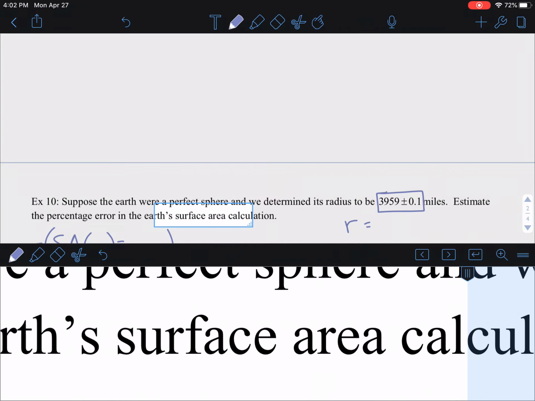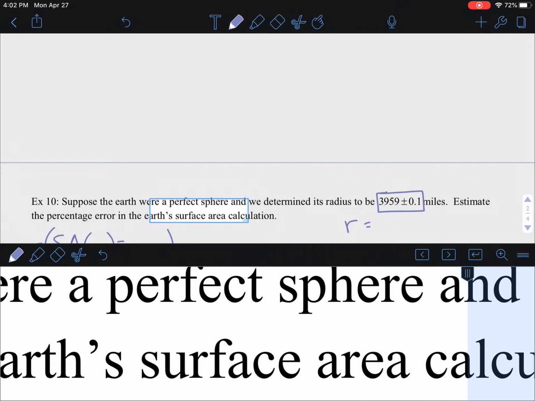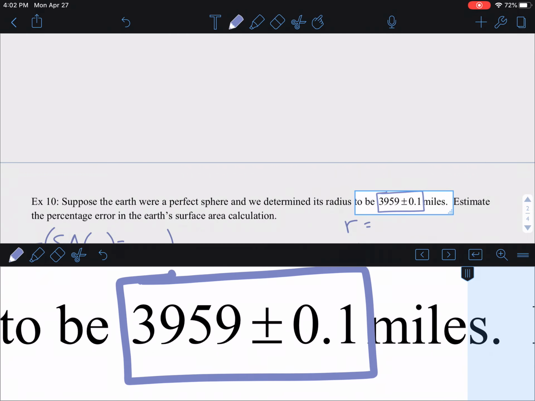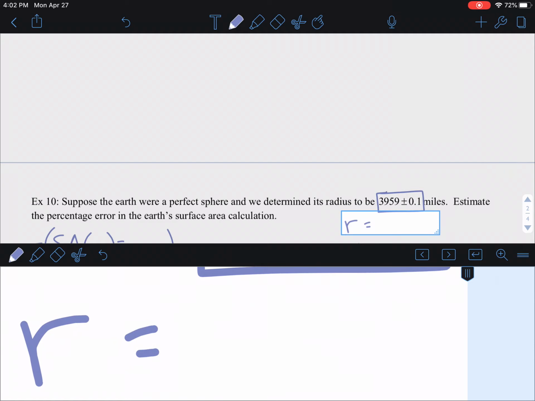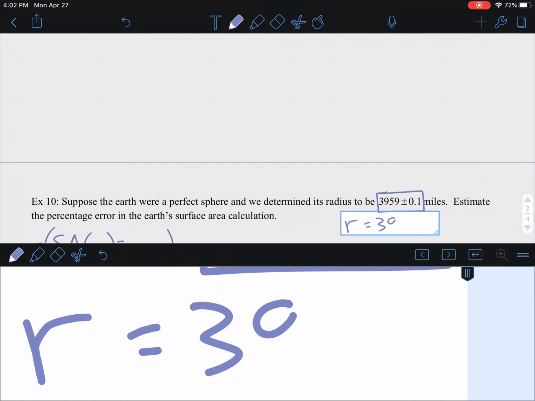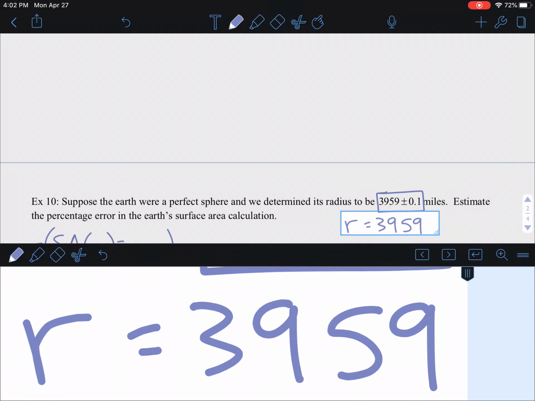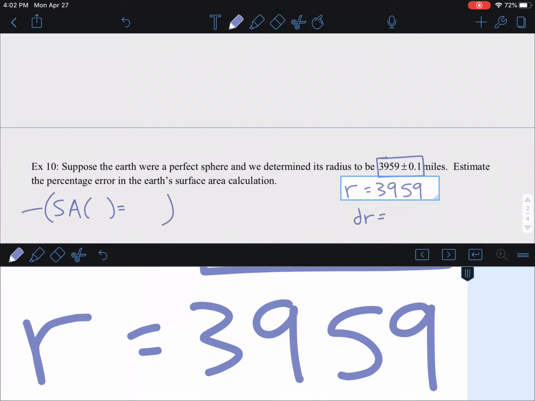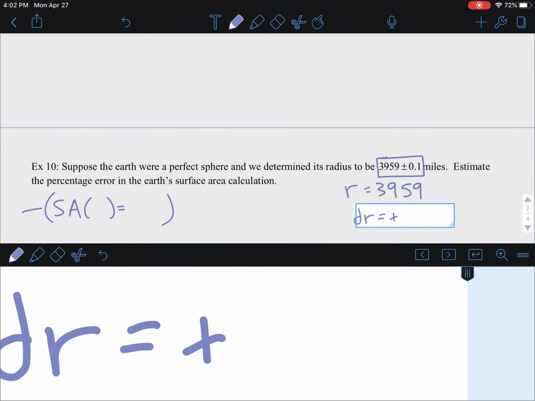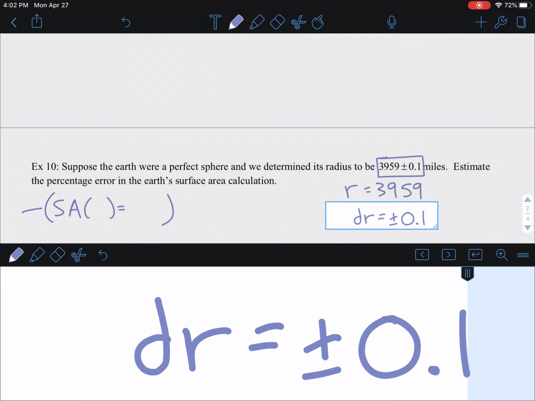So we want surface area of a sphere. We're going to come back to that. I want to go back to this approximation for the radius. The way we interpret this is that the initial radius is 3,959 miles, but the change could be plus or minus 0.1. It could be 0.1 mile bigger, it could be 0.1 mile smaller.